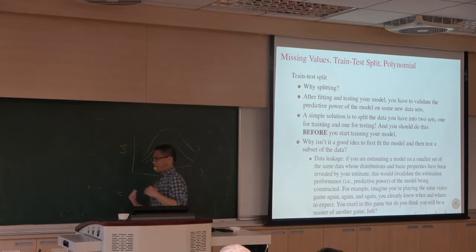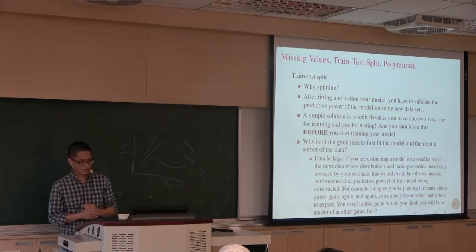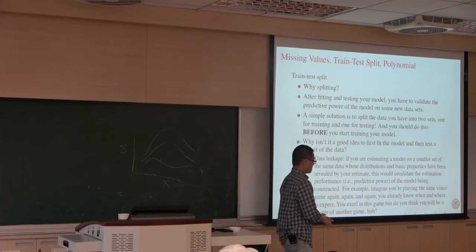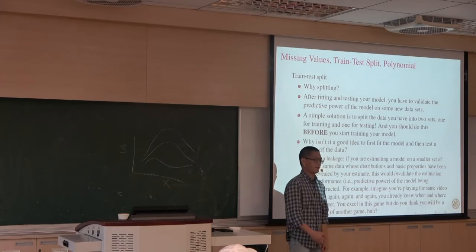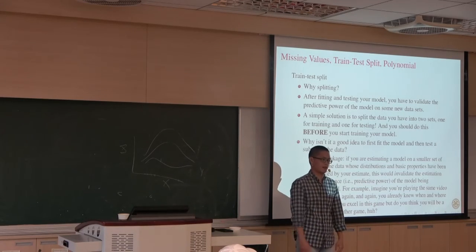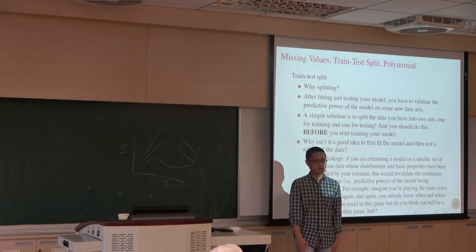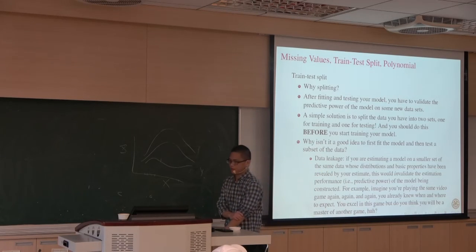But your friends and colleagues are really impressed with your gaming performance. This means nothing if I throw you a new game, that you will also become a master of the game, right? Because you don't know what's going to happen in a new game.